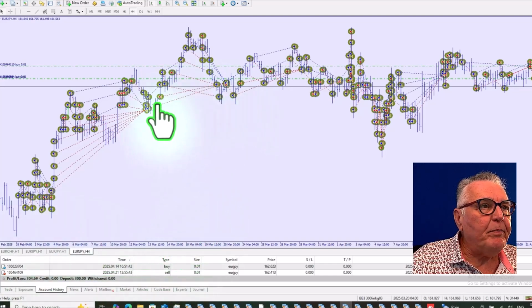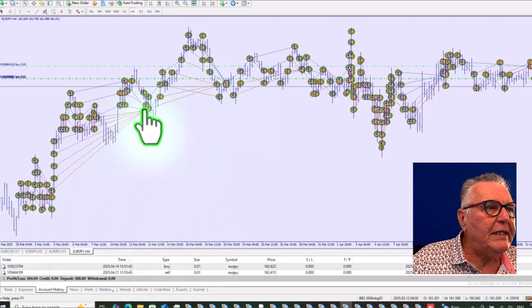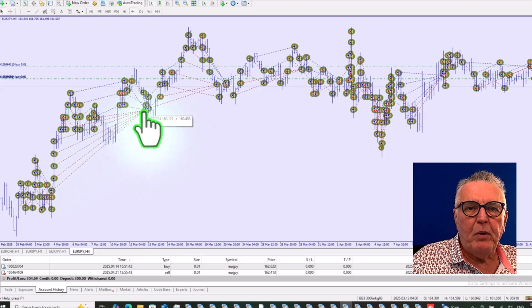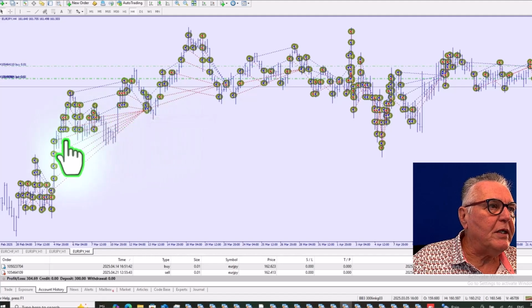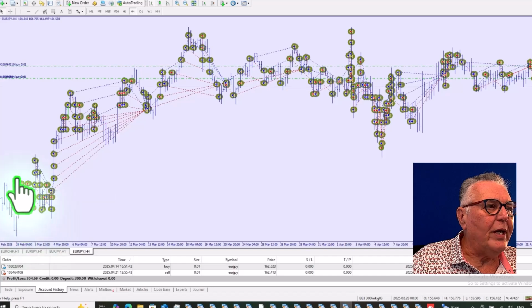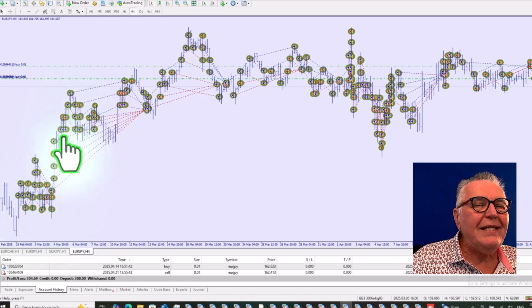Now, unfortunately, it doesn't print the basket formats, but here's a basket where you see all the lines coming together like that. That's a basket closure. So there was a basket closure, and you'll see a few other ones. So that's how the trading happened.